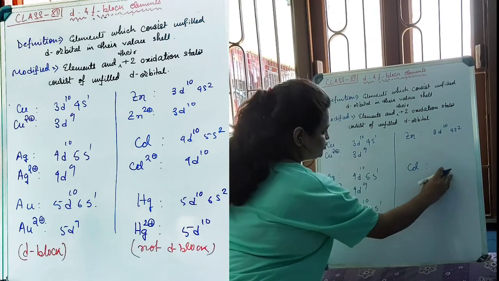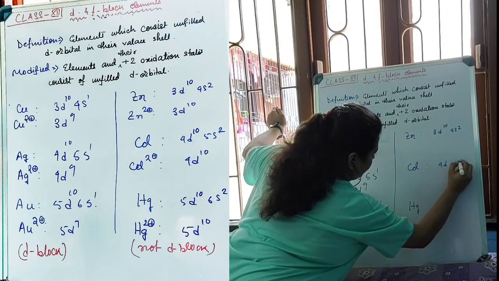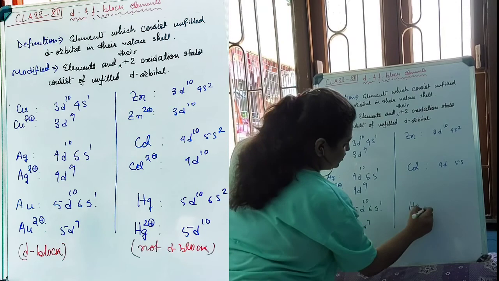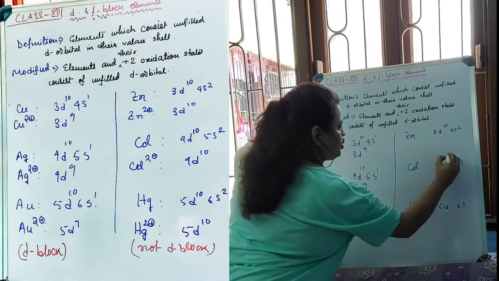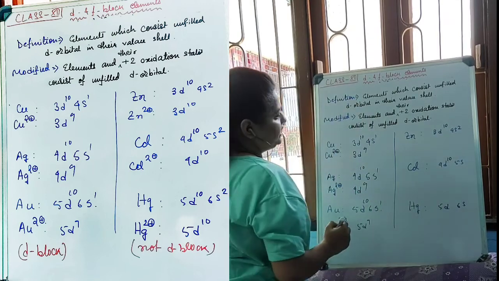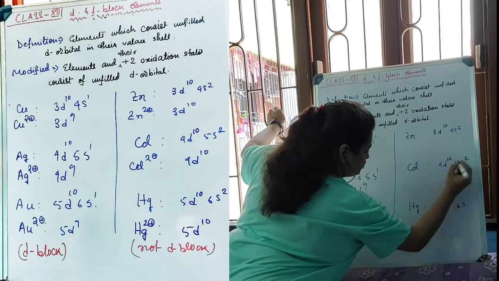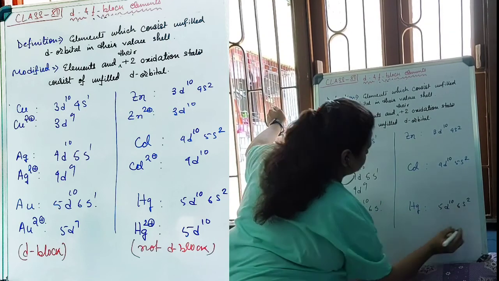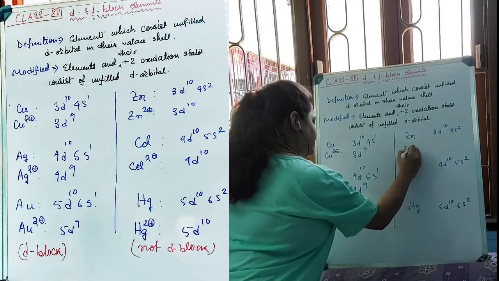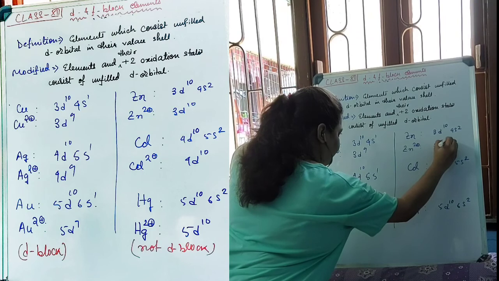Therefore, the valence shell for cadmium will be 4d5s, and for mercury it will be 5d6s, and the electronic configuration for cadmium will be 4d10 5s2, and for mercury it will be 5d10 6s2. The +2 oxidation state for zinc, therefore, will be 3d10.